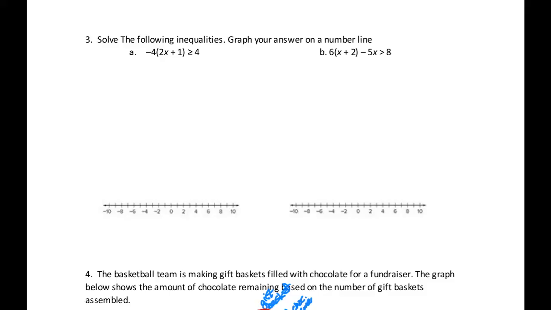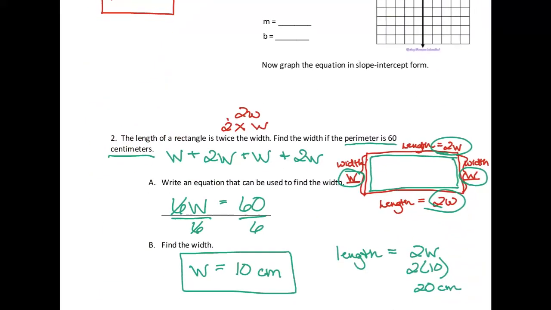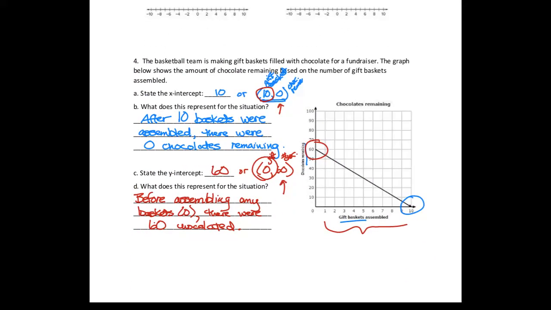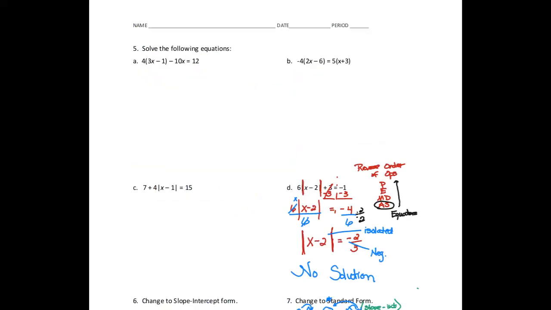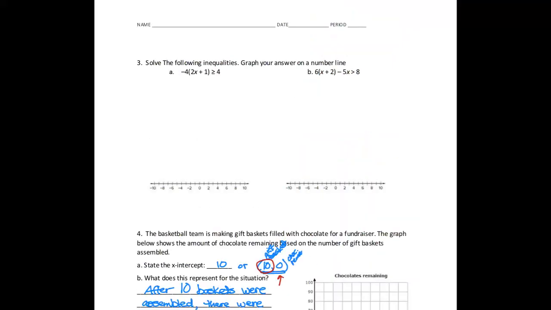But you're right, whether you shade above or below. So which part you have to shade? Also, what kind of line? How do you know with an inequality what kind of line?